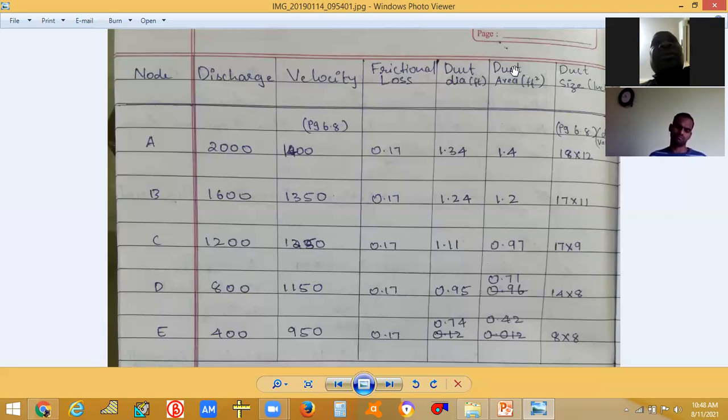So initially you have Q is equal to A into V. You know Q, that is 2000, and you know V, that is 1400. From these two, you will be getting the area in feet square. When you get the area, you can easily find the diameter because area equal to pi by 4 d square, so you will be getting the diameter in feet.